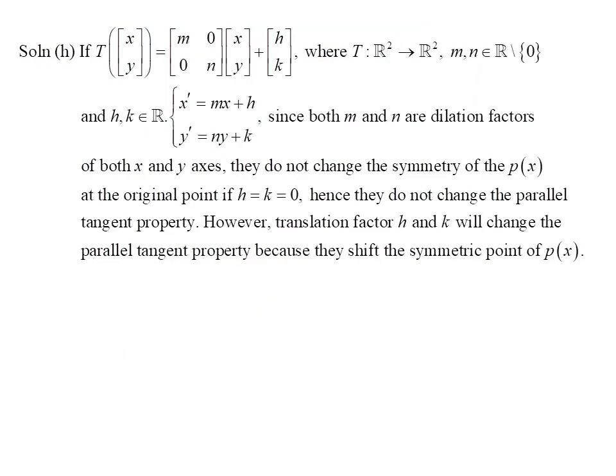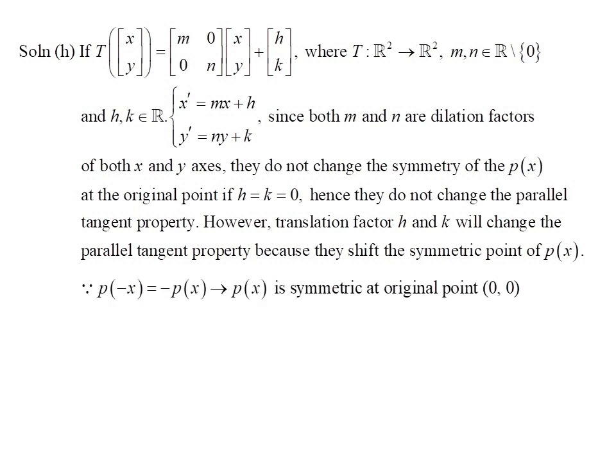In part H, according to the transformation in its matrix form, the question is to state if there is any restriction on the values of m, n, h, k, given that the image of p of x under the transformation always has the property that parallel tangents occur at x equals negative t and x equals t for all t not equal to 0.